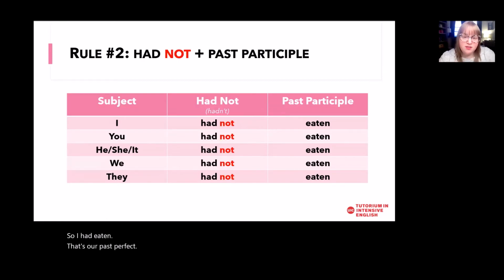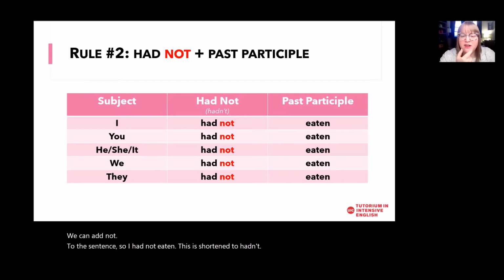If I want to use the past perfect with the negative, we can add not to the sentence. So I had not eaten. This is shortened to hadn't, hadn't.